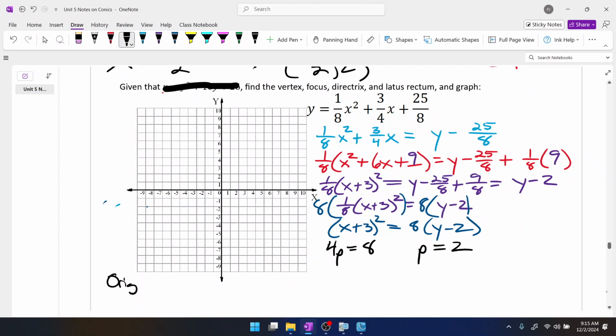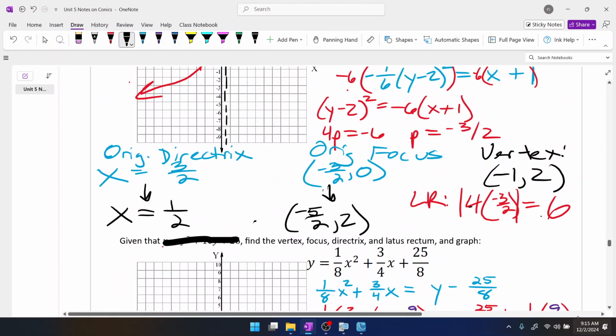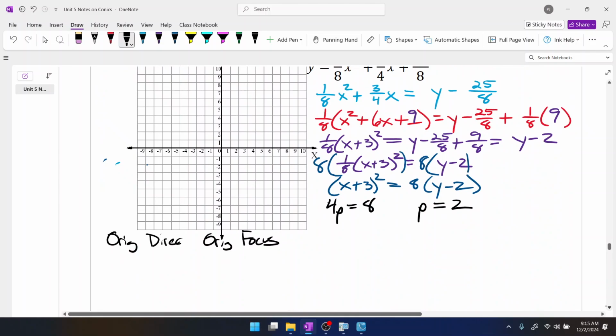The original directrix and the original focus, well, since this is y equals, the focus is going to be located, let's see here. Remember the original focus was negative 3/2, 0. This is going to be at 0, 2, and y equals negative 2 for the original directrix.